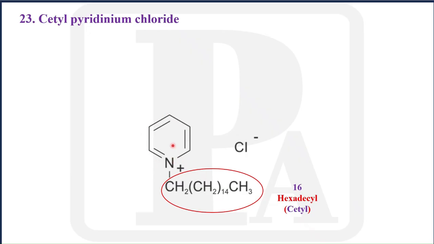How is the structure of cetyl pyridinium chloride? Pyridine with the pyridine nitrogen. Already the nitrogen is satisfied. Here the extra alkyl will be added, which is why it gets a positive charge. Which alkyl would be added? Cetyl. What is cetyl? Otherwise called hexadecyl, a 16 carbon alkyl. So cetyl pyridinium chloride.